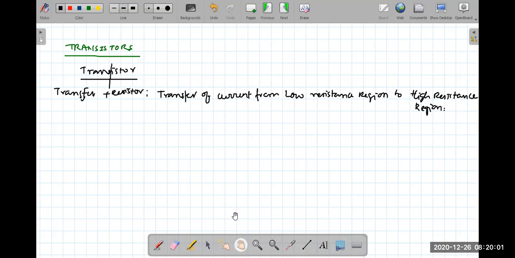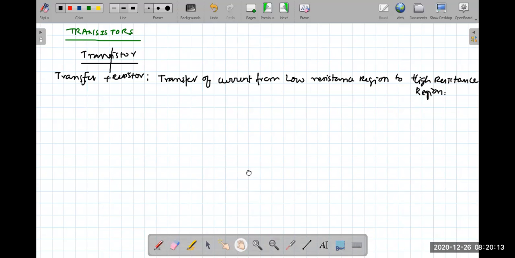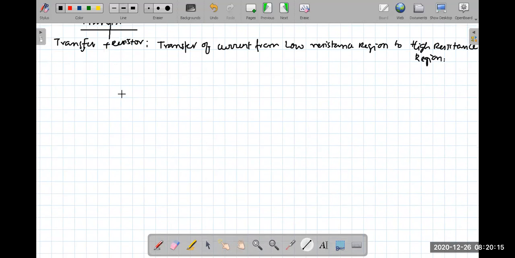Now coming to these three terminals, the diode was made up of P and N, right? Now here you have two types of transistors. One is NPN, the other one is PNP. Understood? NPN and PNP.